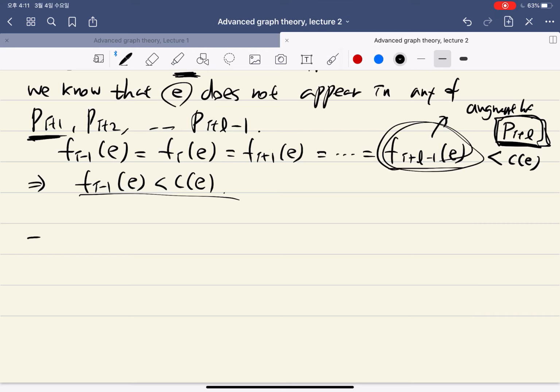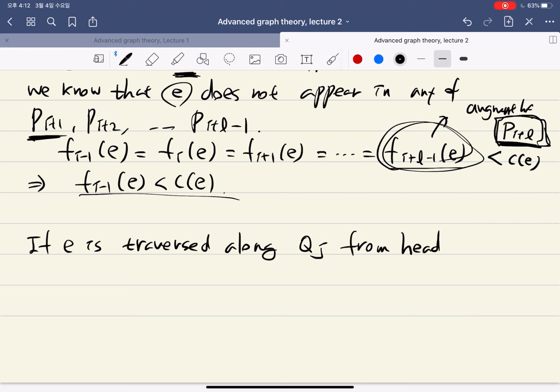And the other case is if e is traversed along Qj from, say, head to tail.